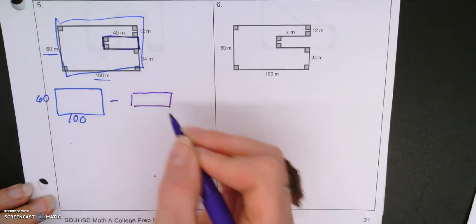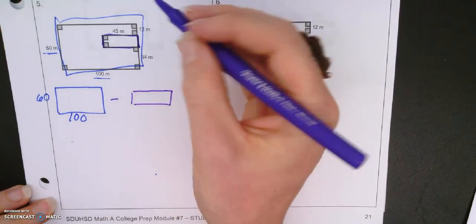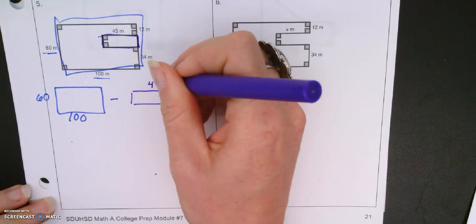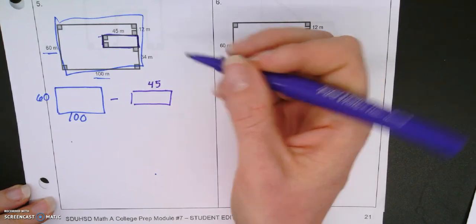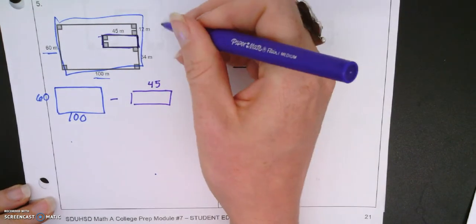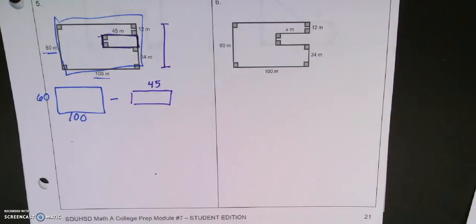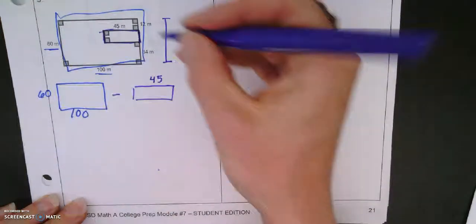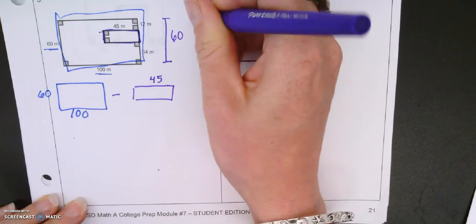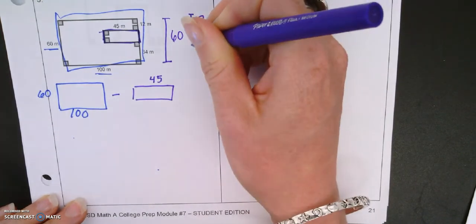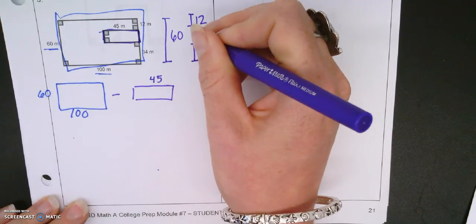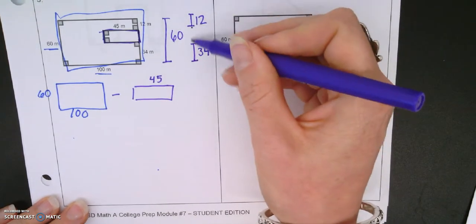And this is where it gets to be really fun, because we get to use what we know and make a puzzle. So we know that this length is 45. And this whole entire side length is the same as the opposite side length. So this whole length is congruent over here, which means that it's, you're right, 60. And if from here to here is 12, and from here to here is 34, we just need to find this amount from here to there.